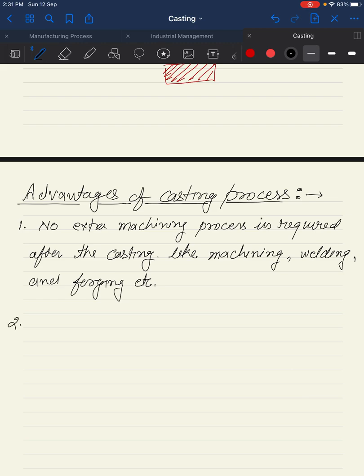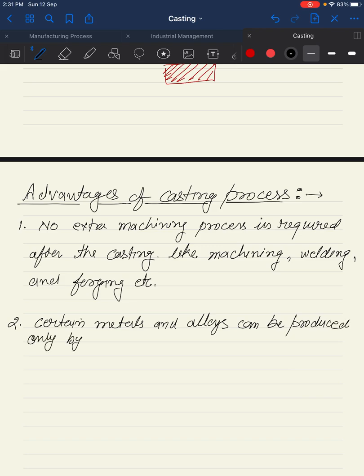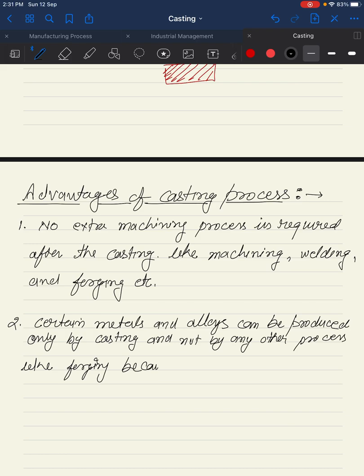Okay, next thing, certain metals and alloys can be produced only by casting and not by any other process like forging, because of metallurgical considerations.